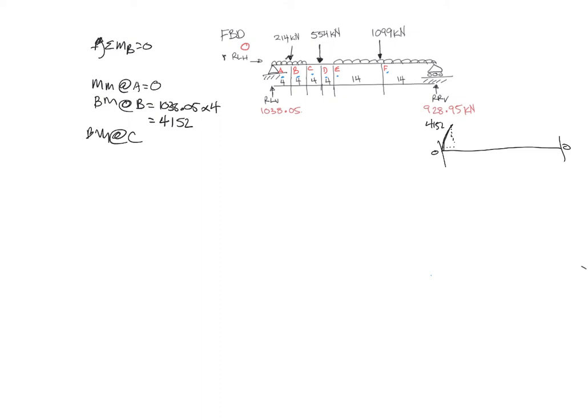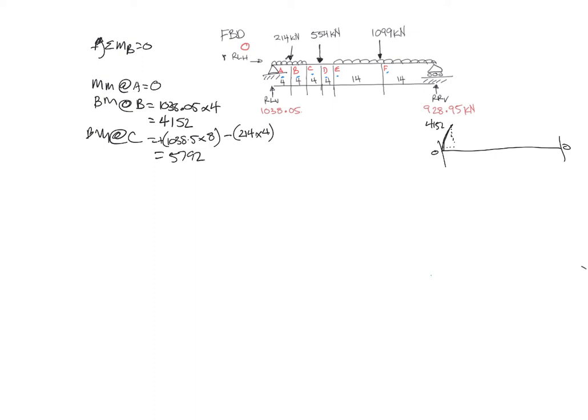Bending moment at C equals, here's my first one, positive 1038.5 by 8, and then I'm going to have minus 214 by 4, which will equal 5792.